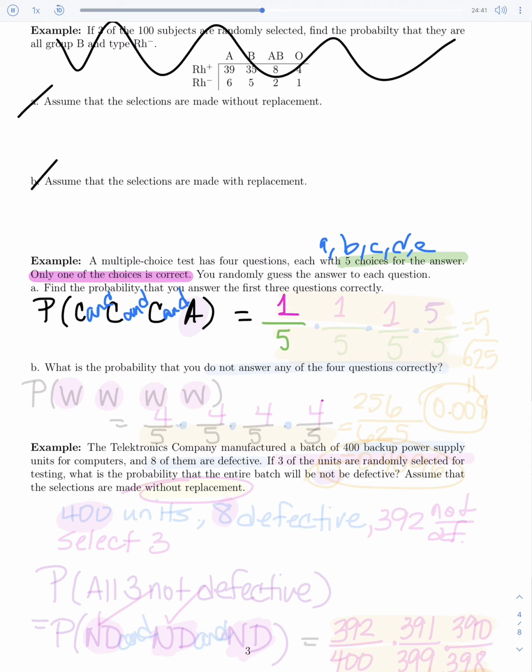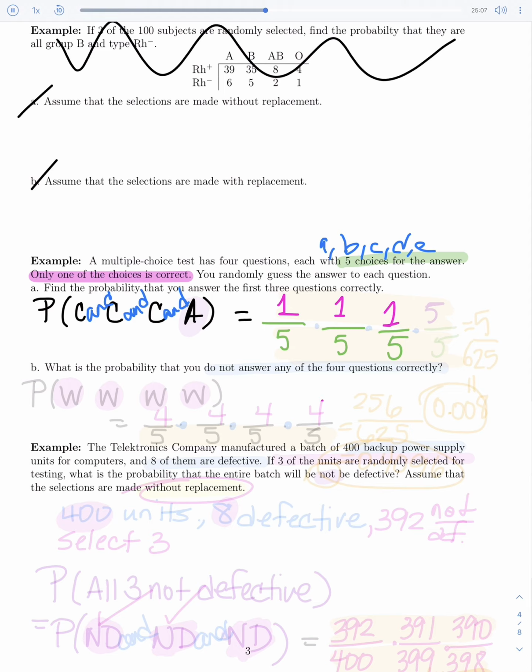So if I want to get that first question correct, there's only one way to do that. I choose the correct answer. Now the second question is a new question entirely, but there's still 5 choices, and there's still only one of those 5 that's actually correct. And the same thing for the third question: there's still 5 choices and still only one of them is correct.